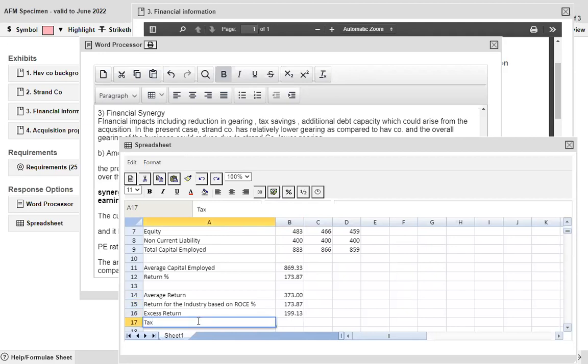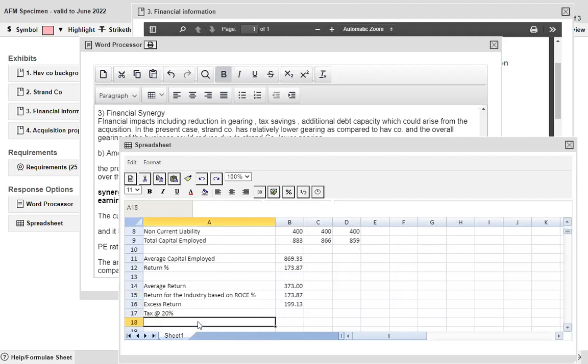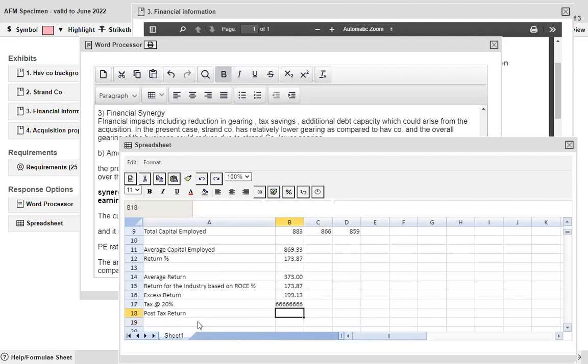The impact of taxation at the rate of 20%. So hence post-tax return is going to be this.